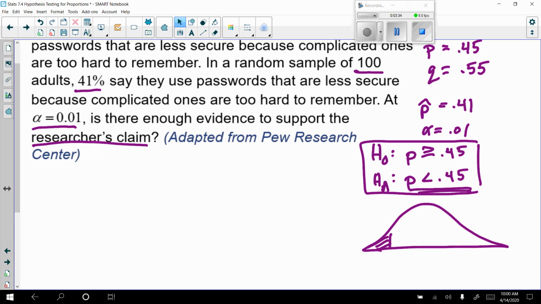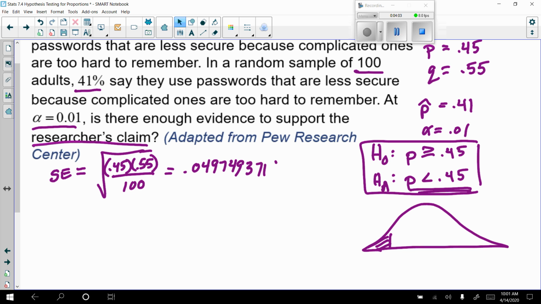So we're going to start with our standard error equation, which is the square root of our p, which is 0.45, times our q, which is 0.55, divided by n. The standard error is going to be 0.0497493719.